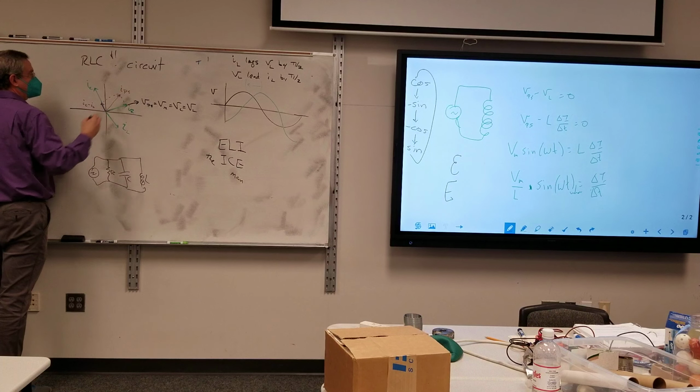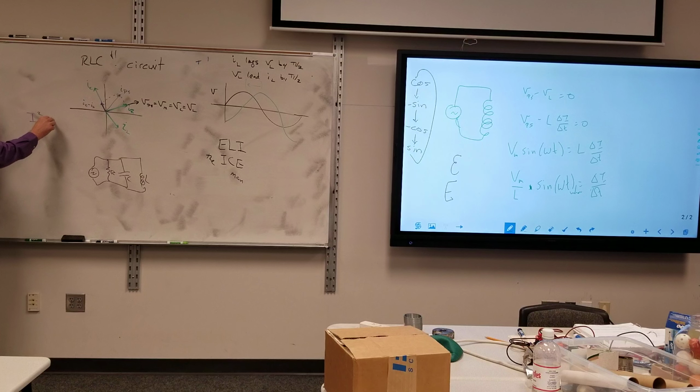So I know that I of the power supply squared is equal to I from the resistor squared plus (IC minus IL) squared.